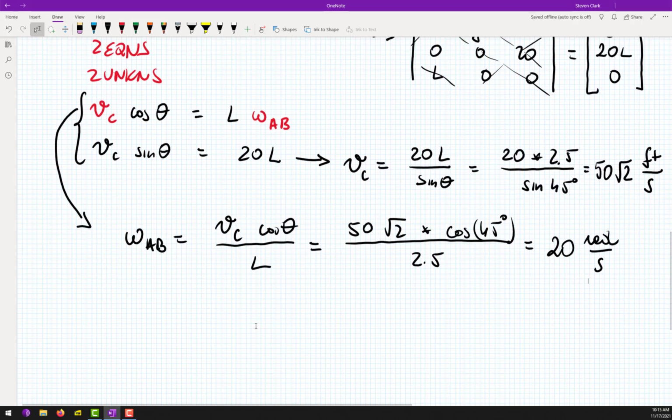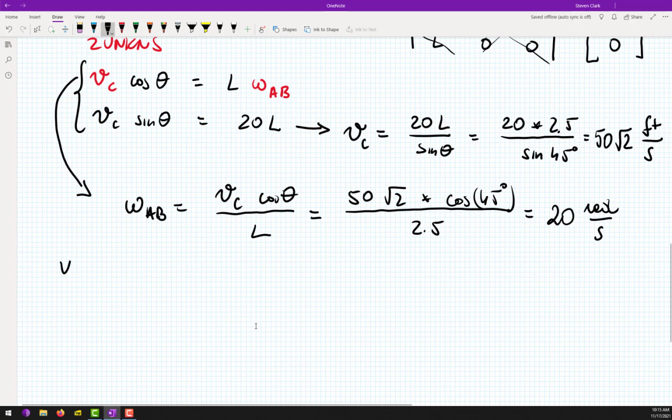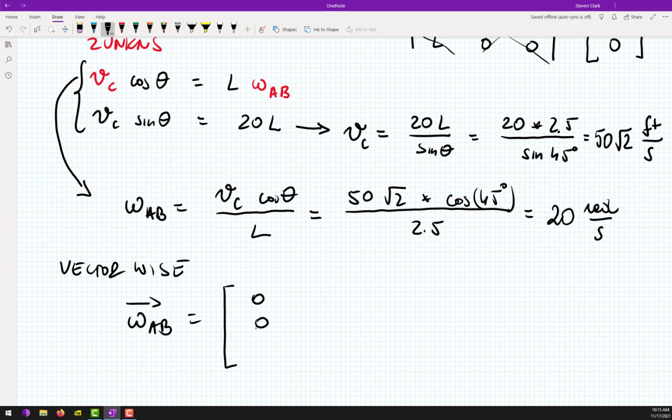Okay, so now vector-wise. Omega AB is equal to 0, 0, 20 radians per second. So this will be counterclockwise. And for our VC, we also obtained a positive value.